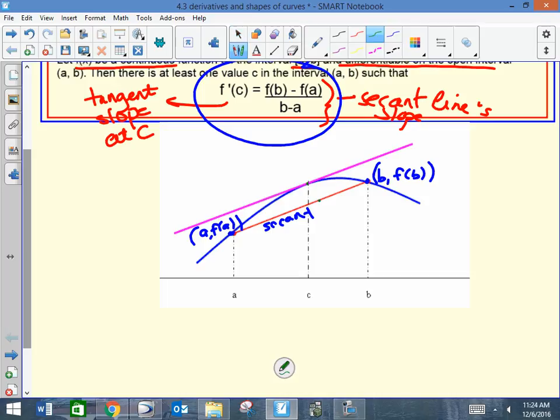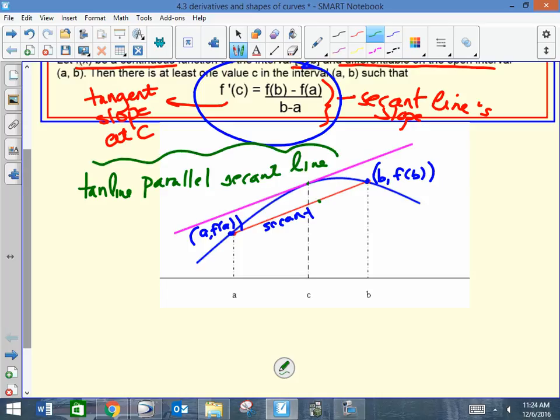And notice, what are they to each other? They are parallel. The tangent line is parallel to the secant line because that's the only way they would have the same slope. Okay? And your job typically is to find that C that occurs.